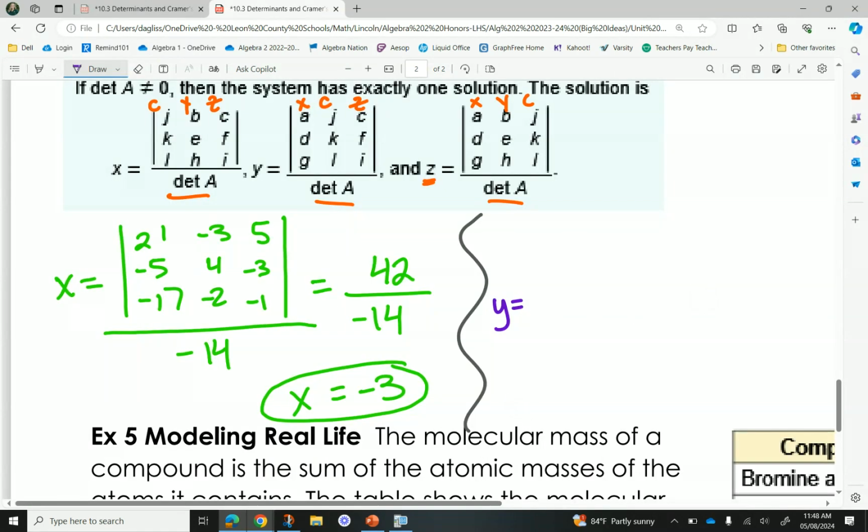Our determinant is going to be the coefficients for x, which were -1, 1, and 1. Here's my y, so we're going to use our constants, which were 21, -5, and -17. And then our z's, which are 5, -3, -1.